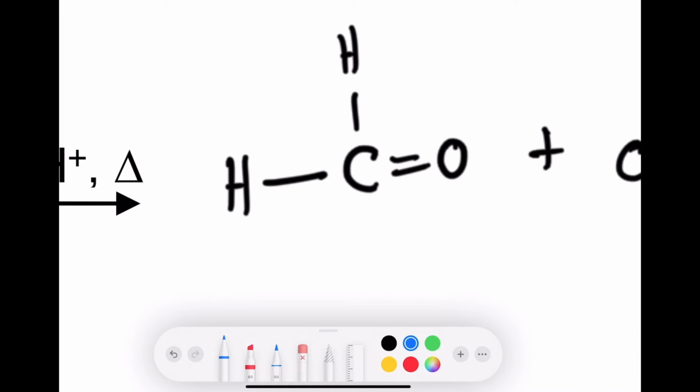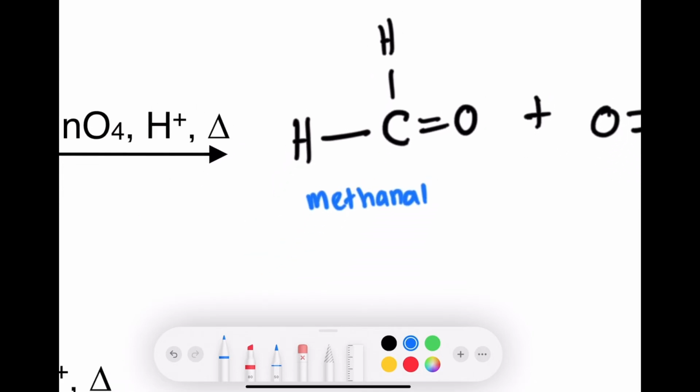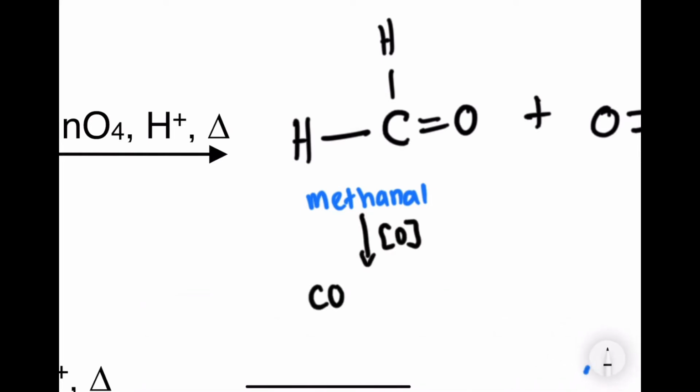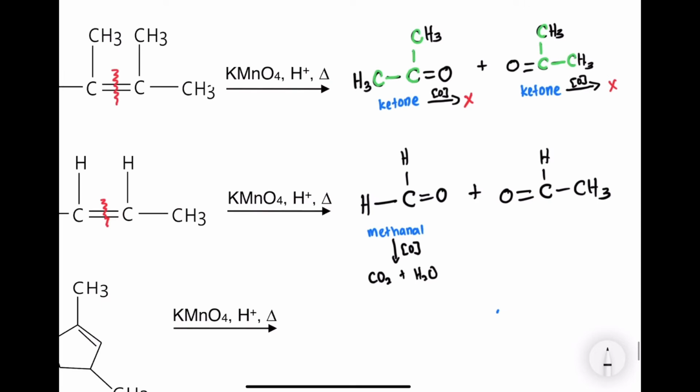Now let's take a look at this. This is what we call methanal. It can undergo further oxidation to produce CO2 and H2O.